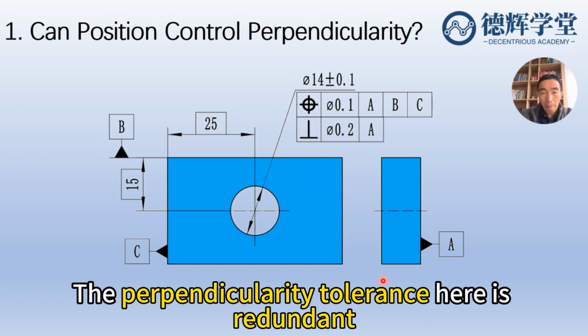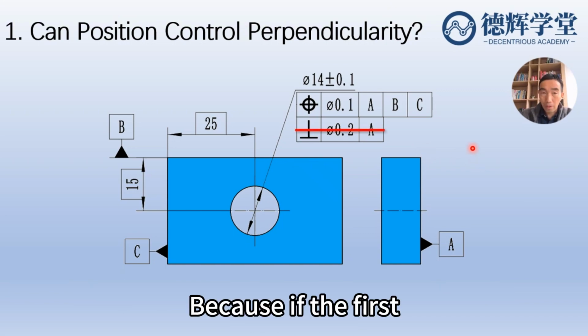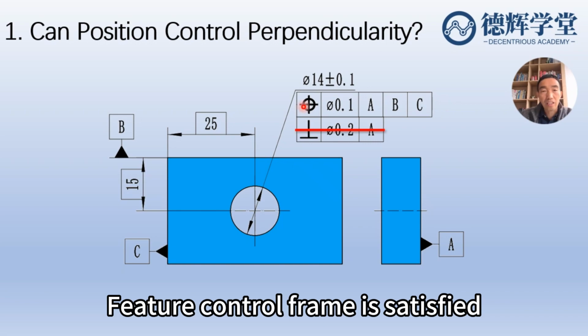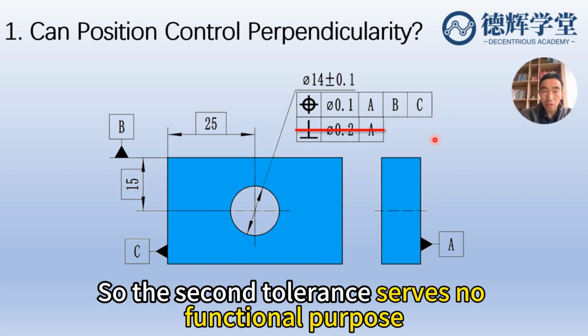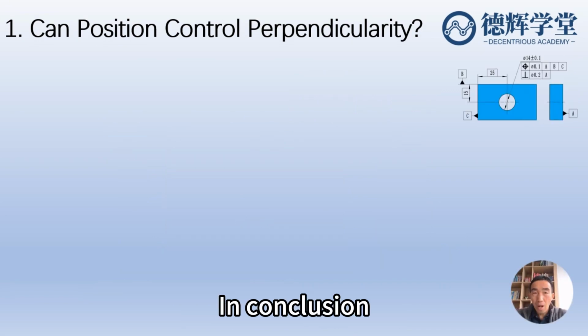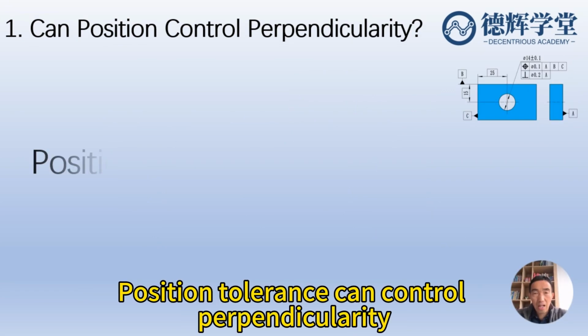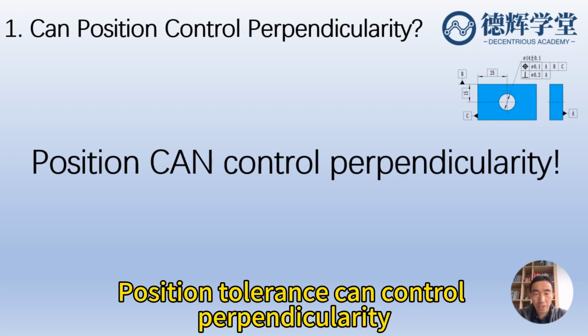Therefore, the perpendicularity tolerance here is redundant, because if the first feature control frame is satisfied, the second one will always be satisfied as well. So, the second tolerance serves no functional purpose. In conclusion, position tolerance can control perpendicularity.